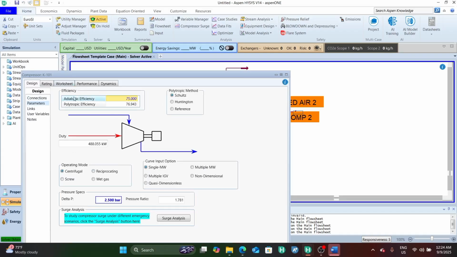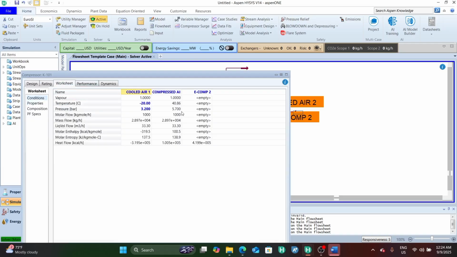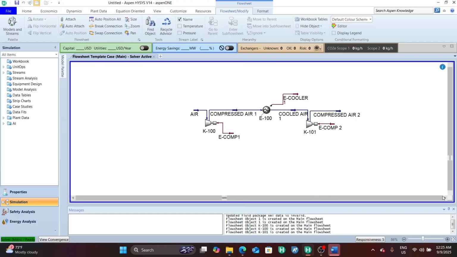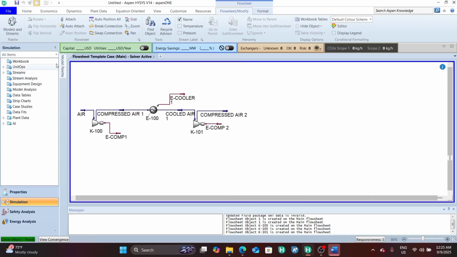And that takes us to 5.7 bar, and we move from our temperature of negative 20 back to 40.86 Celsius. So we need to cool this.